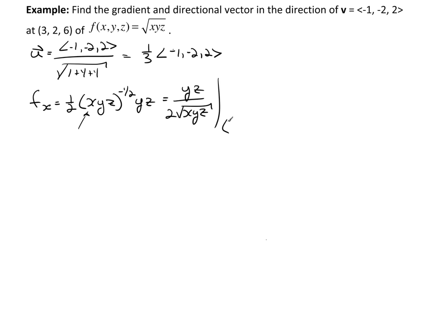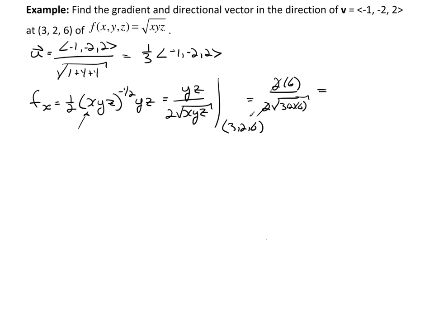And I need to evaluate that at 3, 2, 6. So that's going to be 2 times 6 divided by 2 times the square root of 3 times 2 times 6. So obviously my 2's are going to cancel. And this is actually the square root of 36, which is 6. So this is 6 over 6. So this is just 1.